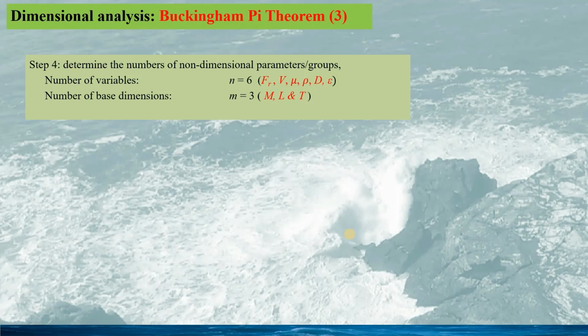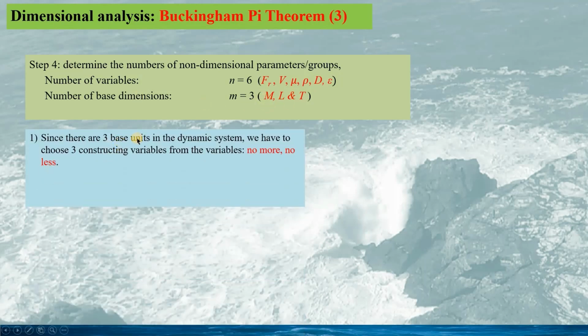In step 4, we use the total number of the variables n equaling 6 and the number of the base dimensions m equaling 3. Here we might have a problem: how can we choose the constructing parameters to represent the base dimensions?